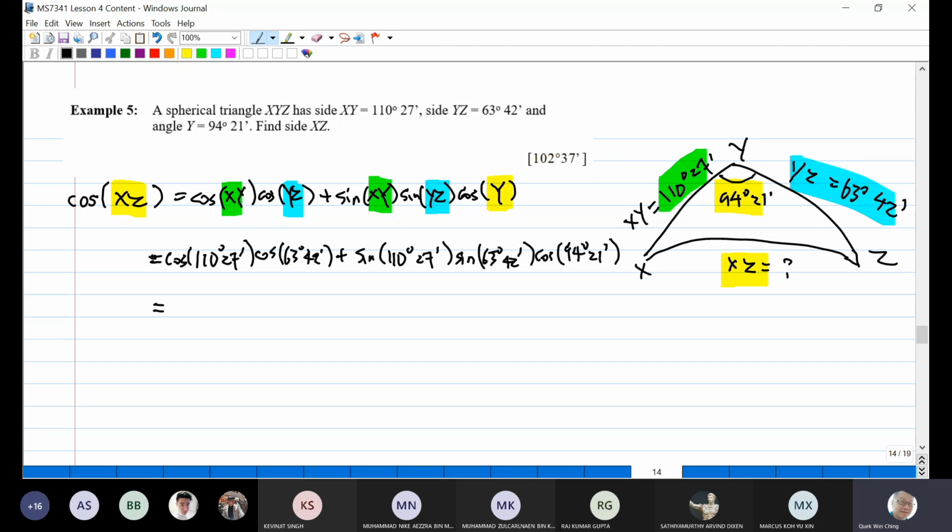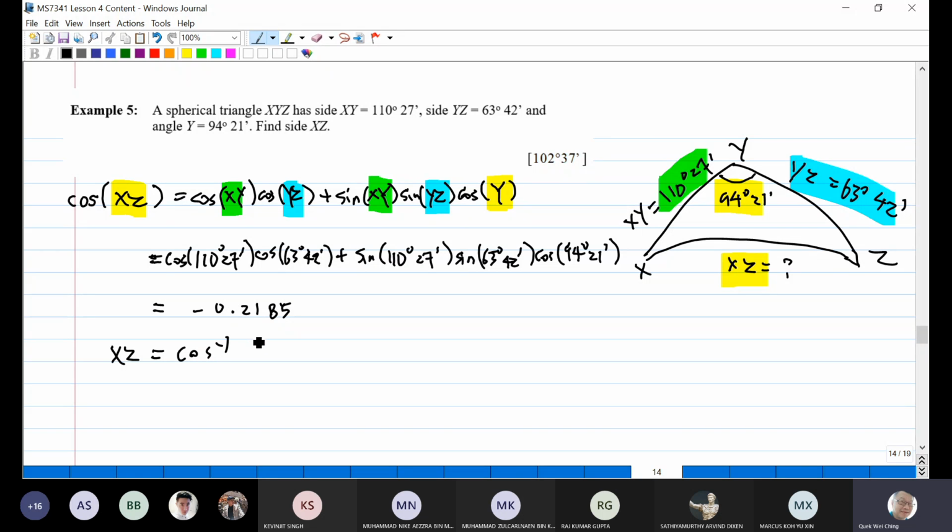So this answer is actually minus 0.2185. So the side XZ, the one opposite angle Y, is equal to cosine inverse now.